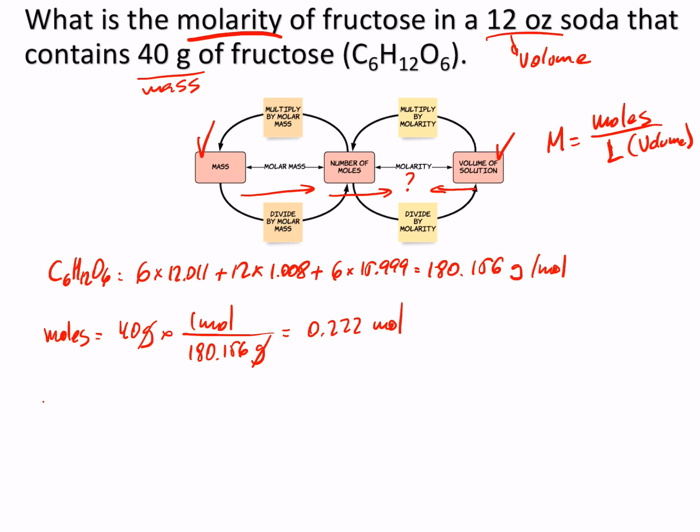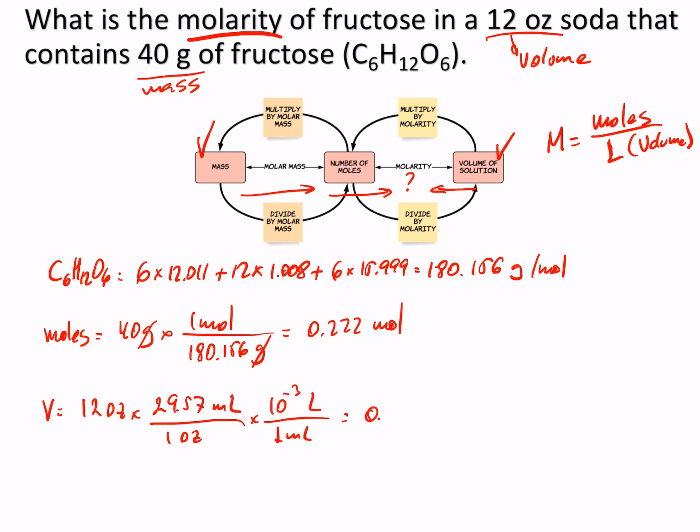Now the volume, you have 12 ounces here, but you need that volume in liters. So first step, we multiply by 29.57 milliliters, because that's how many milliliters an ounce is, and then we take these milliliters, and 1 milliliter equals 10 to the negative 3 liters.